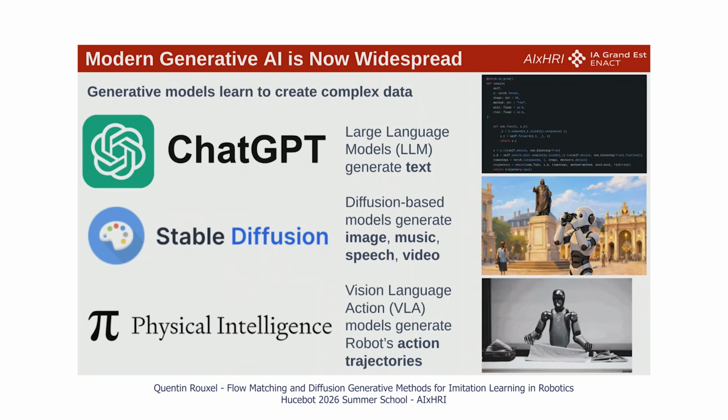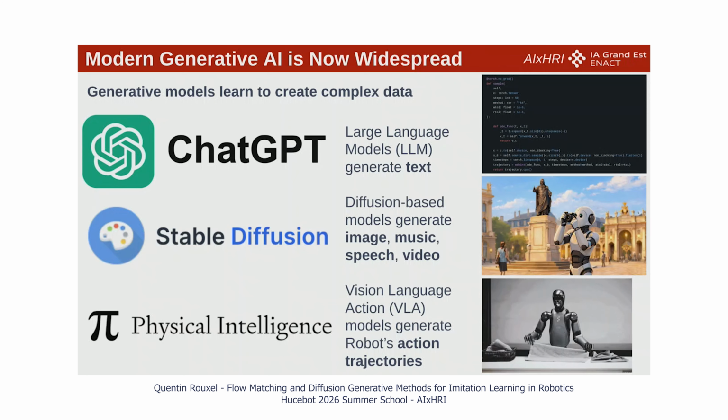So again, generative AI models are now everywhere, and they have been applied in many very trendy topics recently. We heard about ChatGPT and the LLMs that we discussed yesterday. Most of them generate text tokens, they can do chatbots, they can do code, etc. There is also a whole family of models that generate media, let's say images, music, speech, videos.